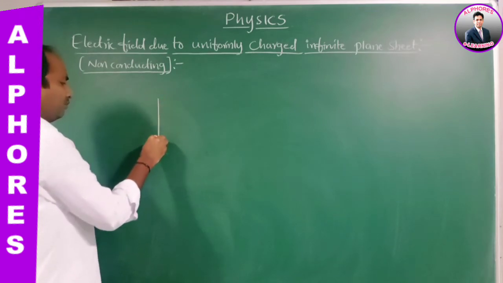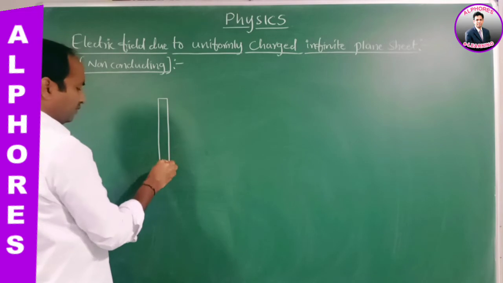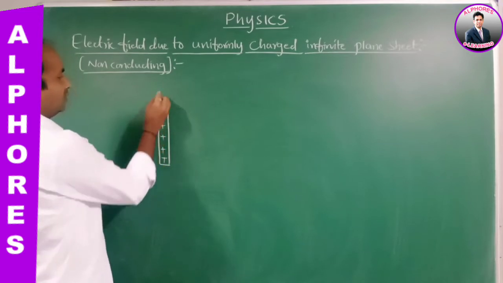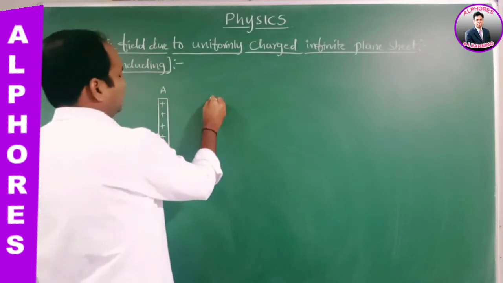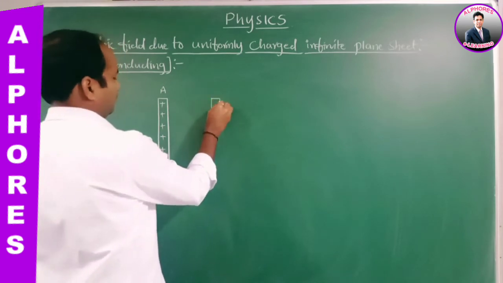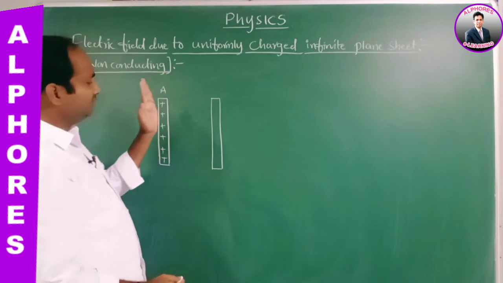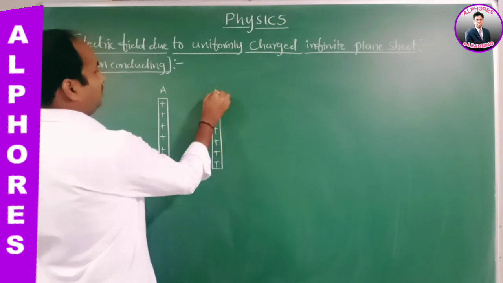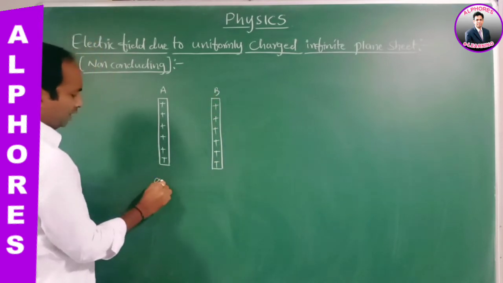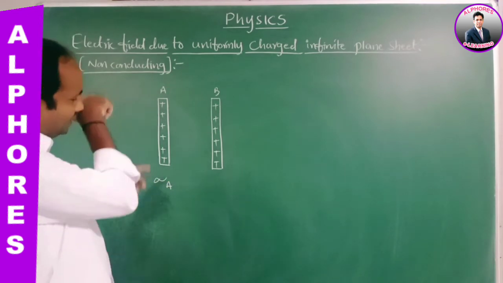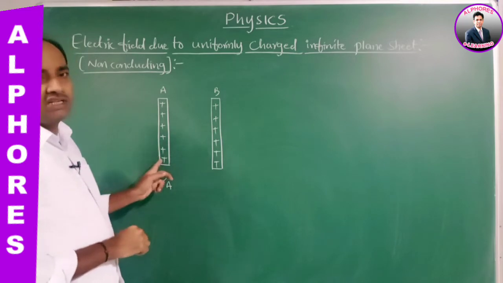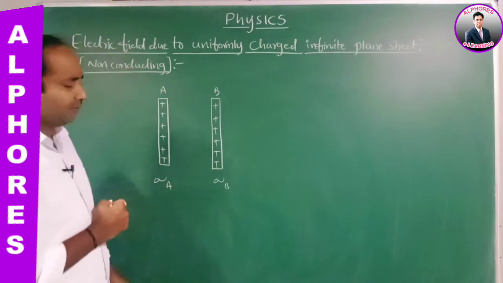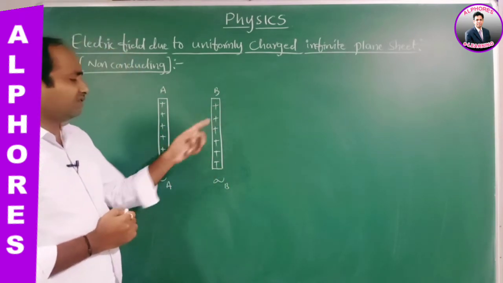Let us take this as one plate, plate A. Here is another plate, placed like this, vertical, plate B. Let sigma A be the surface charge density of the first non-conducting plate, and sigma B the surface charge density of the second plate.